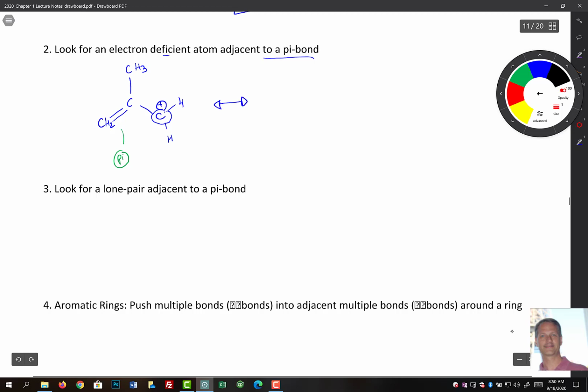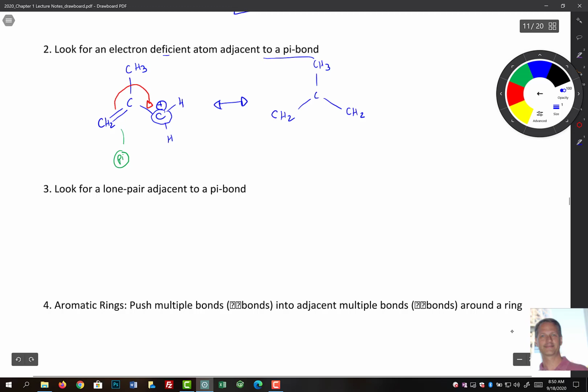All right, so let's talk about how to put our arrows in here. In this case, we want to take this set of electrons, swing over here, and convert them into a pi bond over on this side. Right? So when we do that, we're going to get CH2, carbon, CH2, CH3.